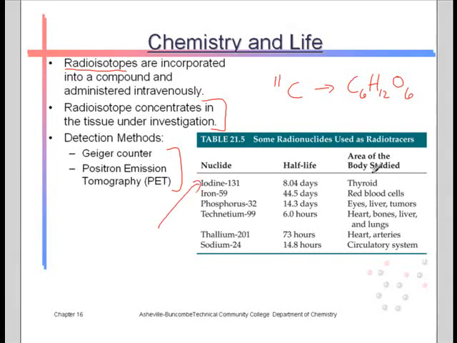For example, the testing of a thyroid condition. If I'm not mistaken, it's a solution of sodium iodide, where there's a certain concentration of iodine-131, and what happens is it concentrates in the thyroid gland, and then a Geiger counter would be placed up to the thyroid to detect the radiation that's being kicked off of it.